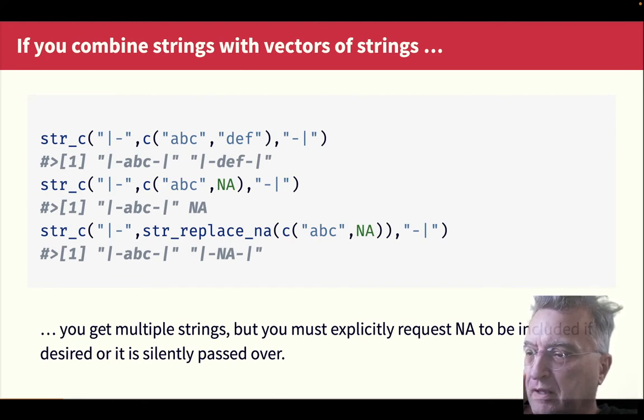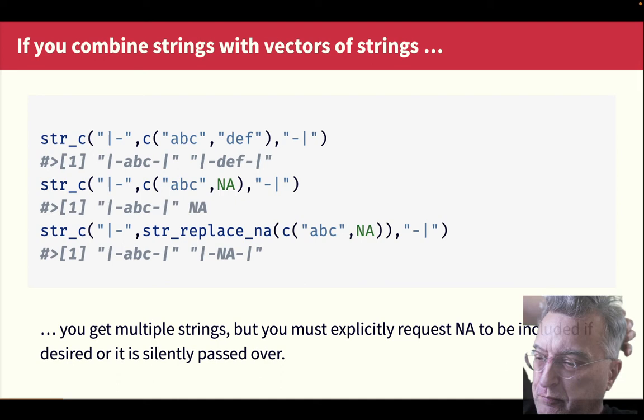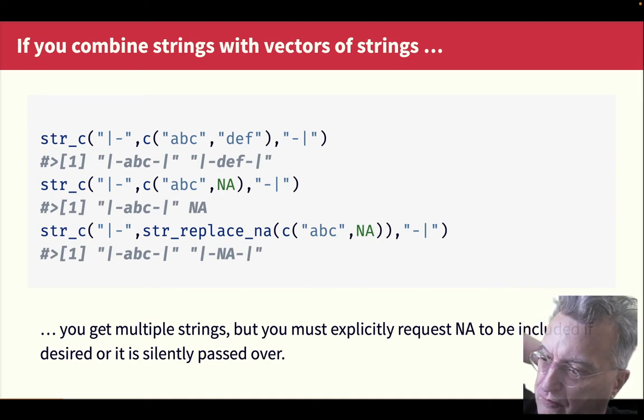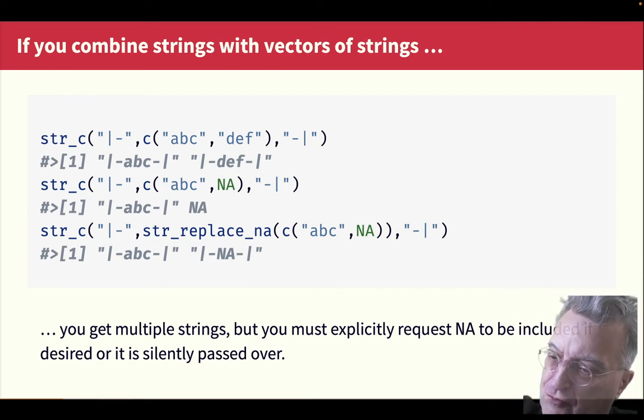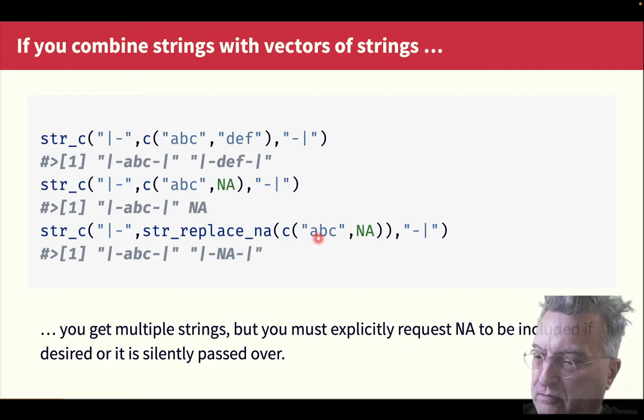And I can combine strings with vectors of strings and get multiple strings. But I have to explicitly request NA to be included if it is desired, or it will be silently passed over. So you can see that in this case, I've said replace NAs that are... how does this work?